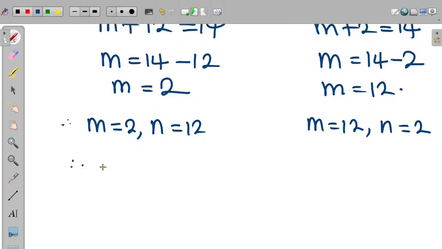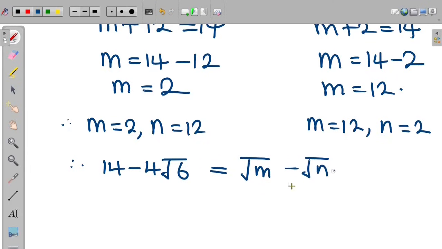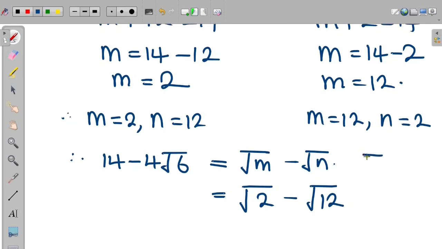So therefore, the square root of 14 minus 4 root 6 is giving us root m minus root n. So this will be equal to root 2 minus root 12, but root 12 can be simplified to be 2 root 3.